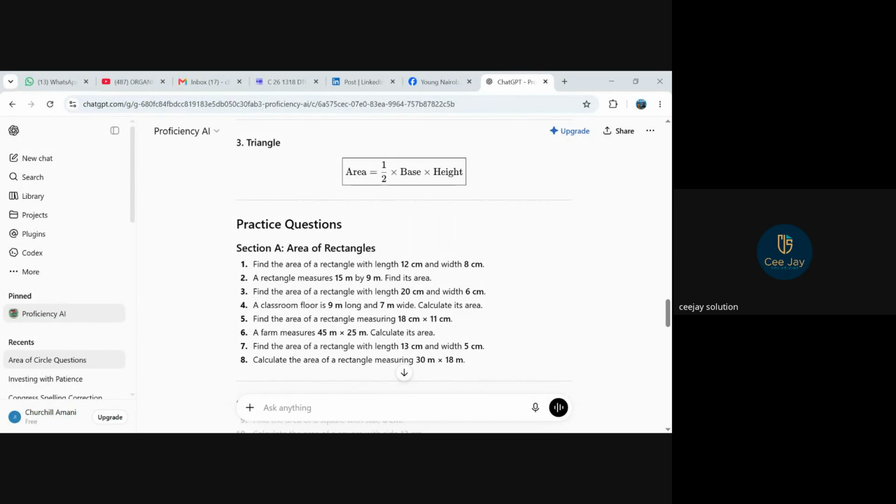Question 3, you are being asked to find the area of a rectangle with the length 20 centimeters and width 6 centimeters. Then question 4, a classroom floor is 9 meters long and 7 meters wide. Calculate its area.